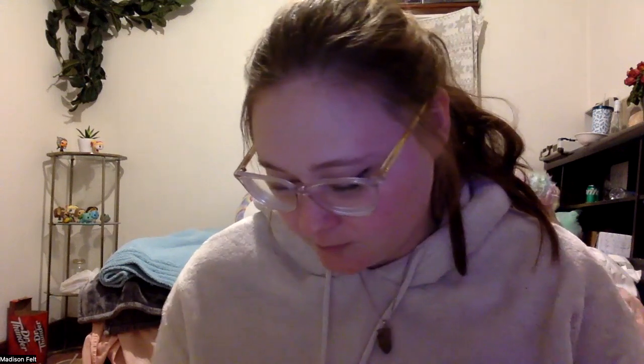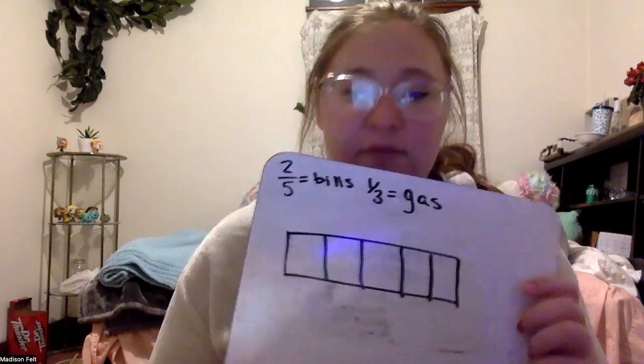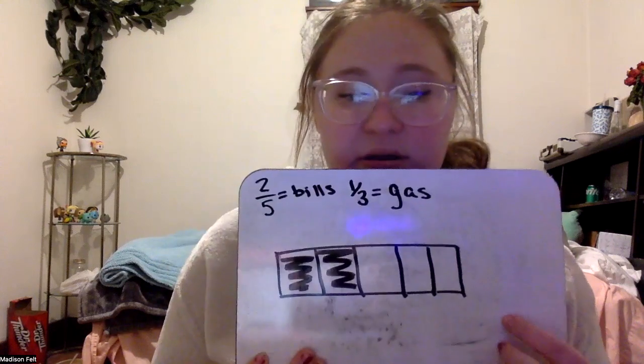And what I'm going to do is draw a fraction strip of fifths. So we'll split that, and I'm going to shade in 2 of these because 2 of these was spent on bills.